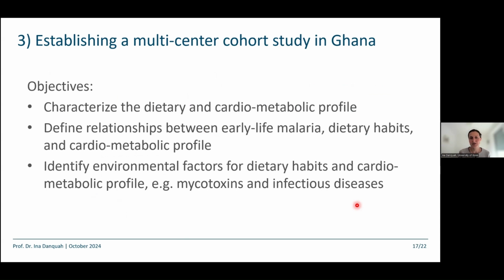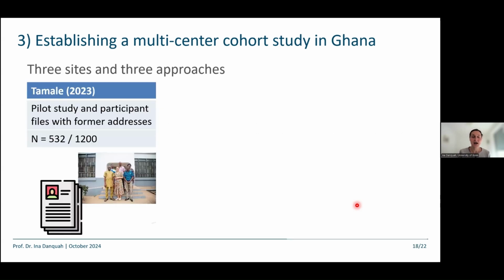And we also want to understand how other environmental factors are driving dietary habits and cardiometabolic diseases. Such environmental factors could be mycotoxin exposure or infectious disease exposure other than malaria during their early life.